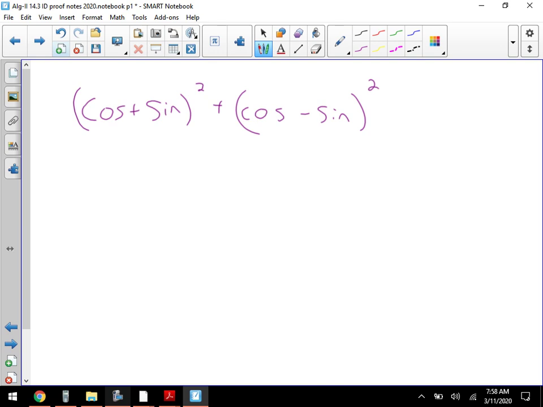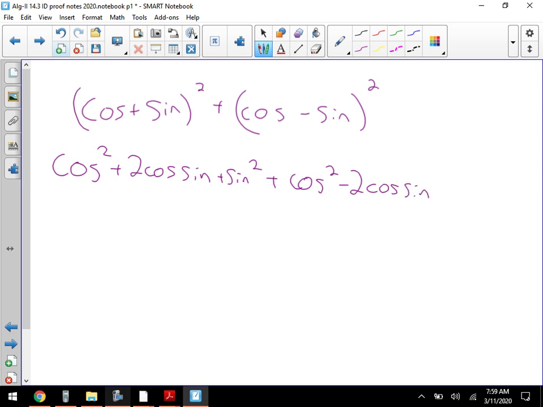Simplify, verify. Fully everything out. Cosine squared plus 2 cosine sine plus sine squared plus cosine squared minus 2 cosine sine plus sine squared.